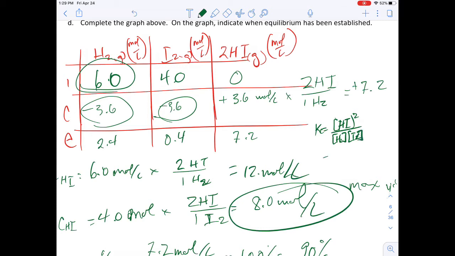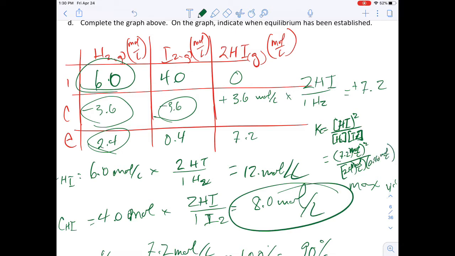And so it's going to be equal to, I'm going to use these numbers, my hydrogen iodide is 7.2 mole per liter squared over the concentration of hydrogen, which is 2.4 mole per liter, and 0.40 mole per liter.